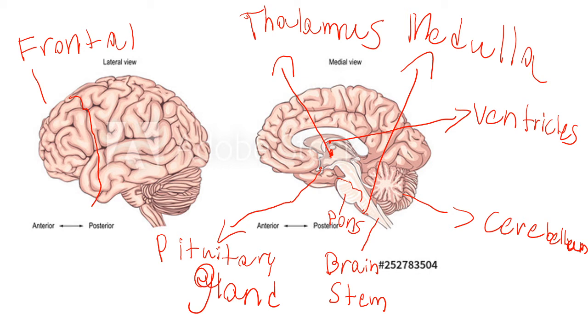Now, another area of the brain is the midbrain, which is located right here. We call that the midbrain, which is on the lateral view. It's somewhere around here, which is why they call it the midbrain.